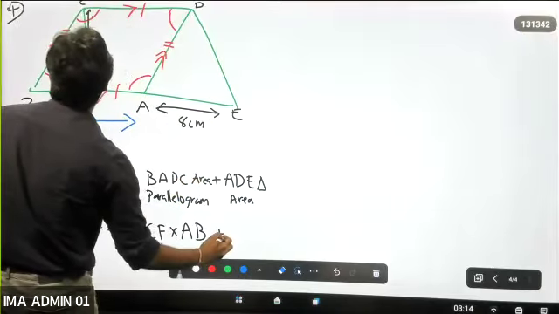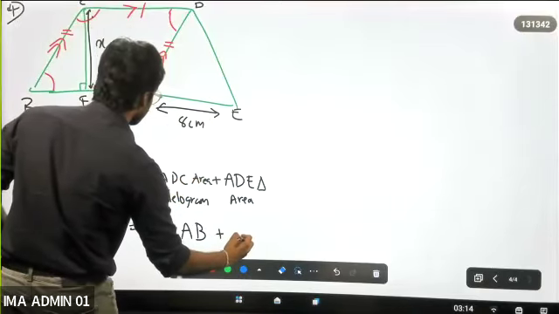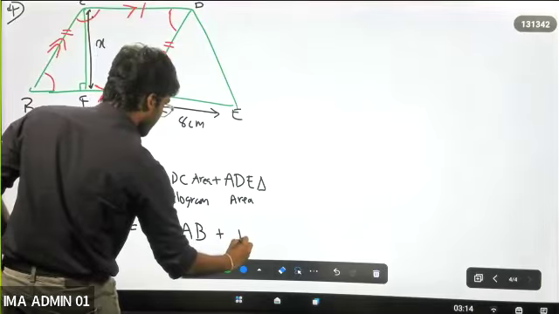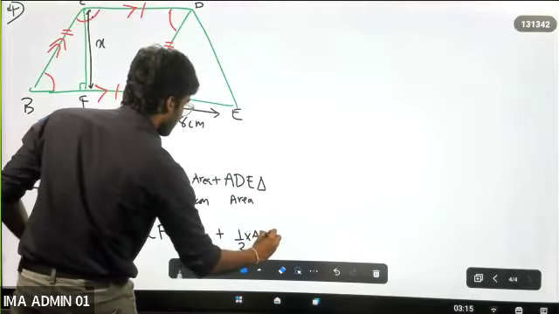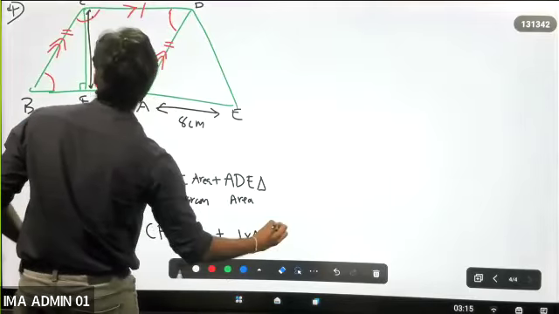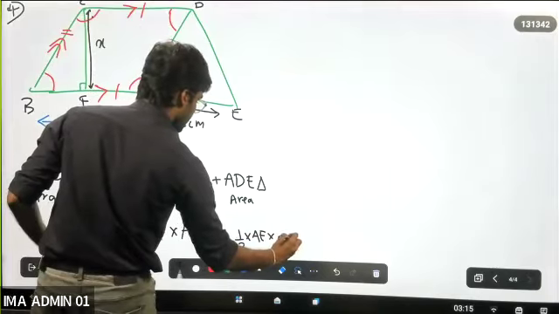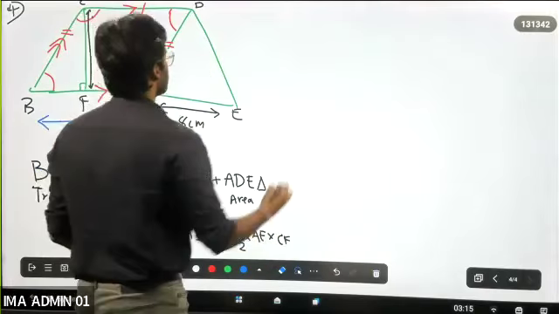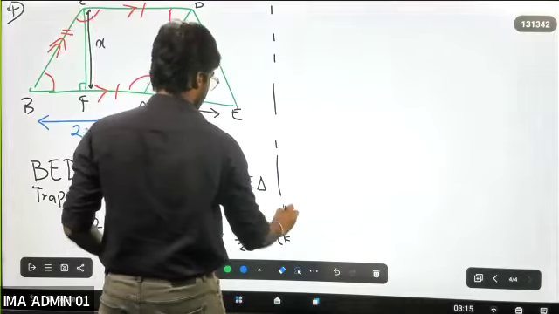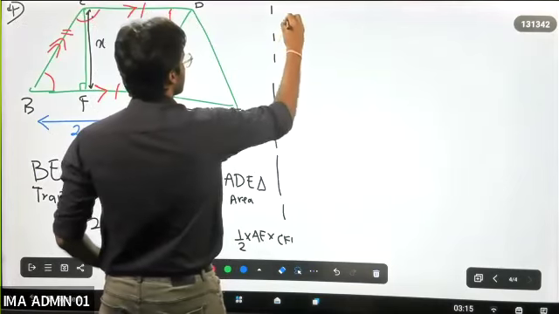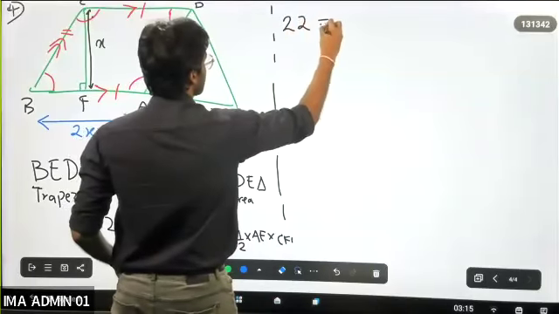Here the height is CF. So we will get half multiplied by AE multiplied by CF. Right? So we will write it down again and simplify. 22 is there.